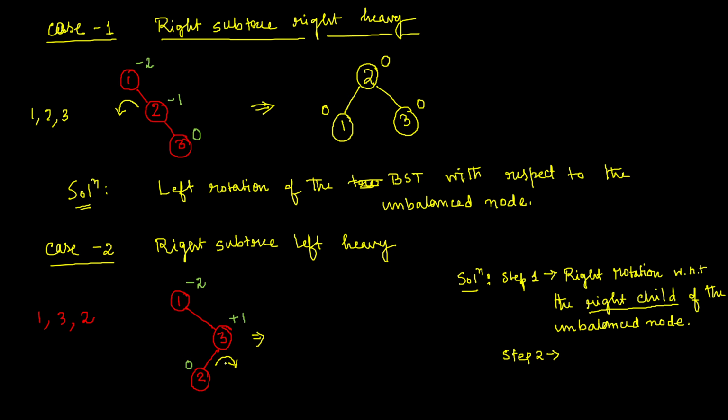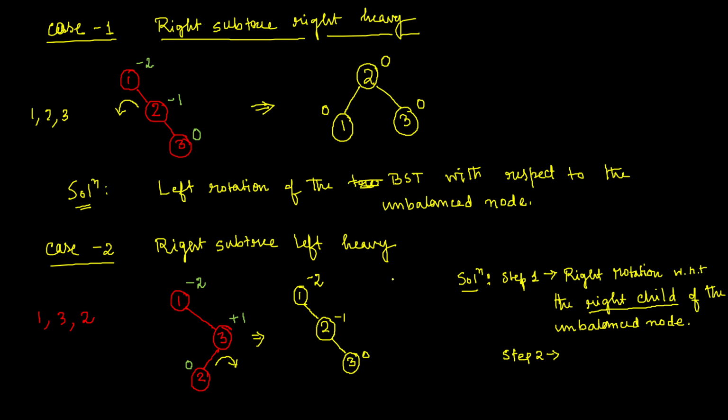So with respect to this right child of the unbalanced node, that means the pivot is present here, and if you rotate only this part, you see this part remains unaffected, so 1 will remain as it is, but under 1 instead of 3 it will become 2, and under 2 it will come to 3, right? And you see now if you calculate the balance factors, it is 0, 0 minus 1 that is minus 1, and 0 minus 2, it is minus 2.